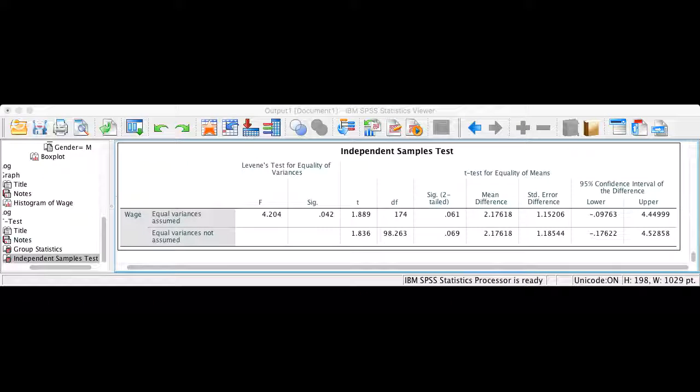Let me find it. Analyze. Let me put this up so you can see if it shows the same thing.